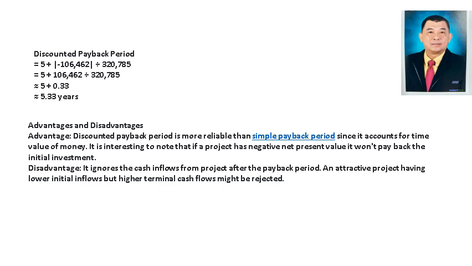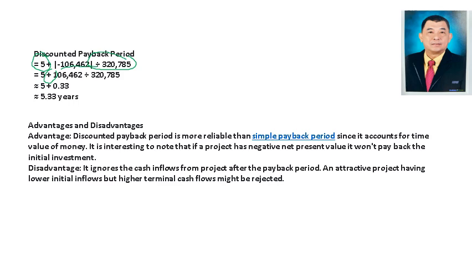Okay. So if you want to compute now that 5 years plus 106, on the 5th year, and divided by that remaining cumulative 320. Now, in order for you to transpose this, it has to be positive. So 5 plus 106,462 divided by 320.